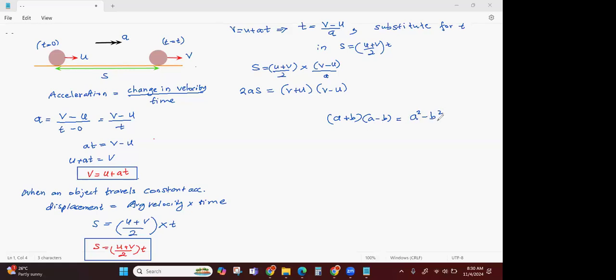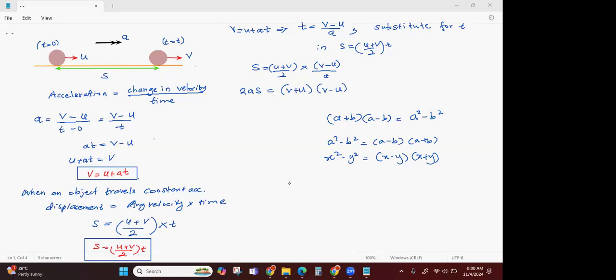The difference of two squares, right? a squared minus b squared is equal to a minus b into a plus b. Or x squared minus y squared is equal to x minus y into x plus y, right? These are the factors of the difference between two squares. You can expand this and see.